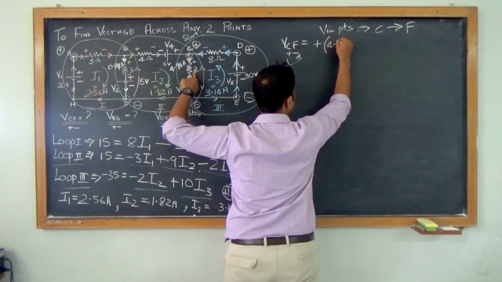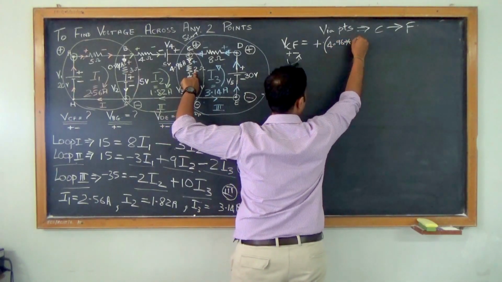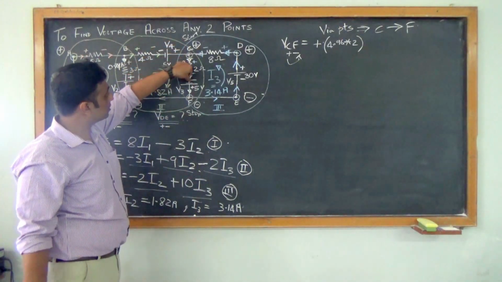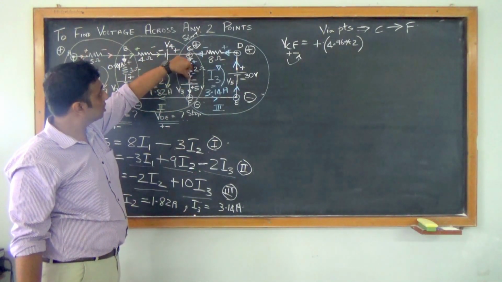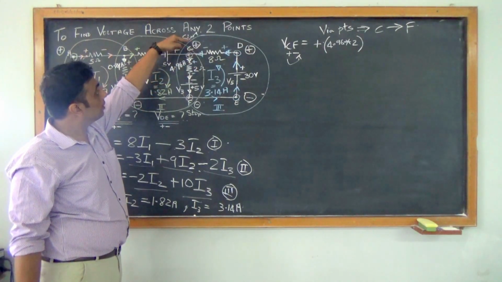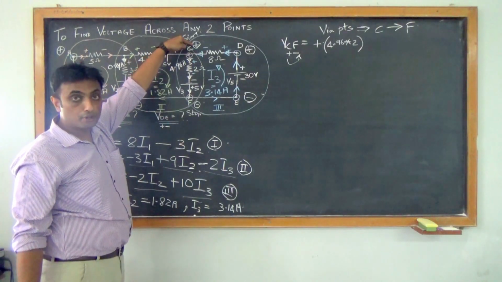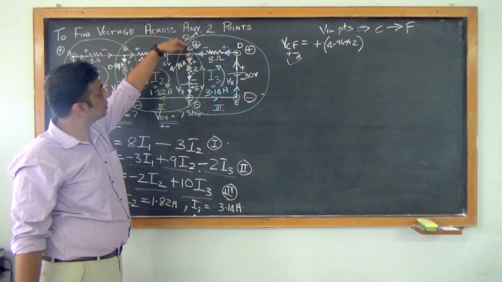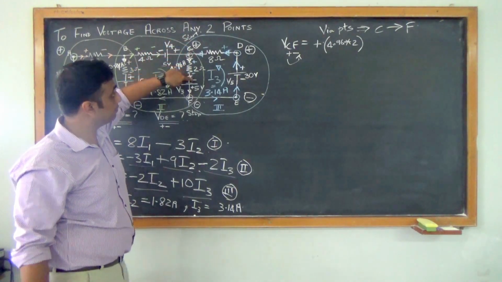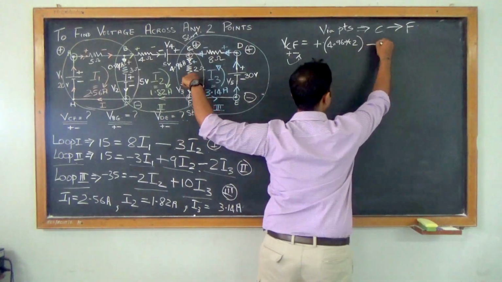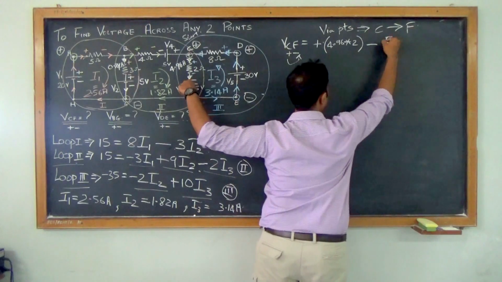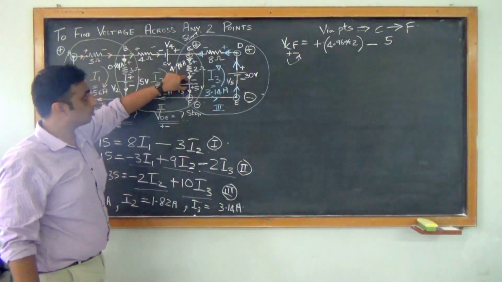Then again, the first terminal of the voltage source. Now the first terminal of the voltage source is negative. Again, multiply your positive with the negative. So with reference to C, we have a positive. So positive into negative will give us negative. Negative what? Negative 5 volts. Now the voltage source is 5 volts.